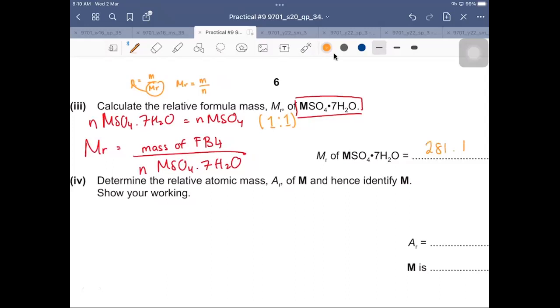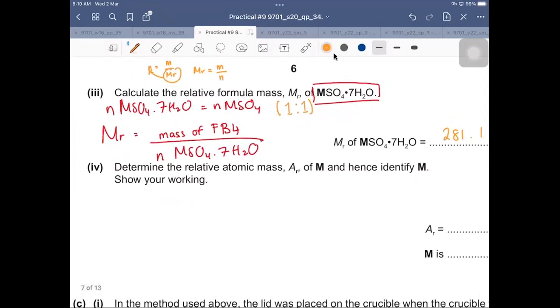It should be around 200. Yeah, you'll get this. It doesn't have to be exactly 281, because you use different mass and you carry out different practical. So your value would not be the same. You should not get exactly 281, but they should be close to that number, right?